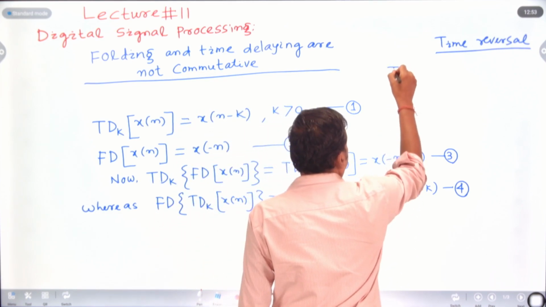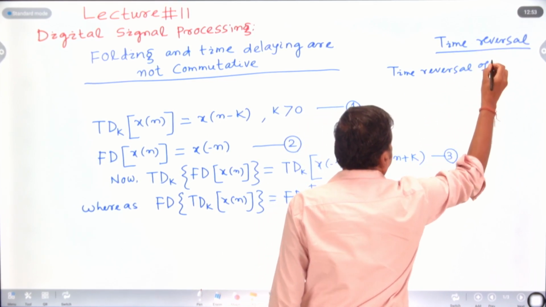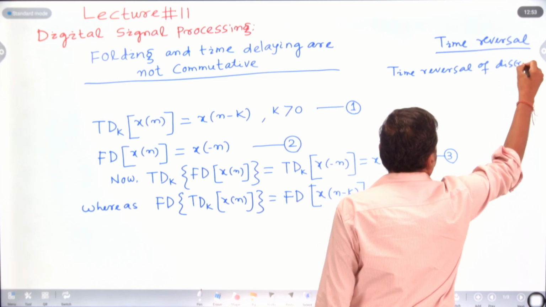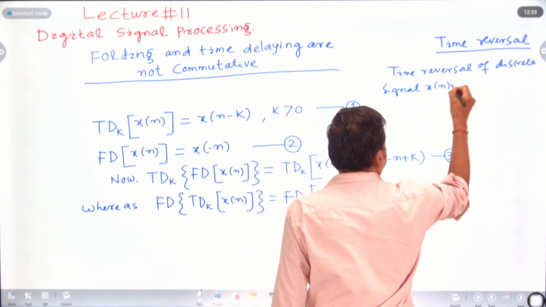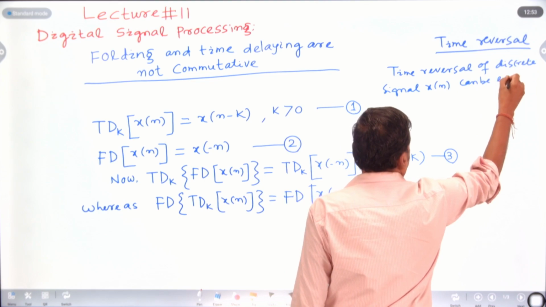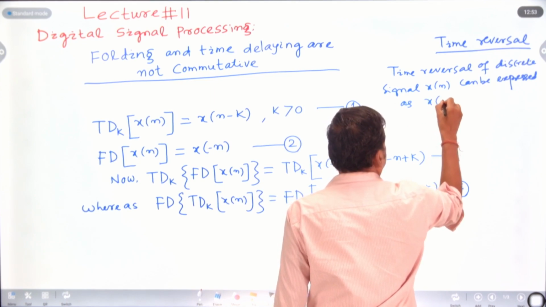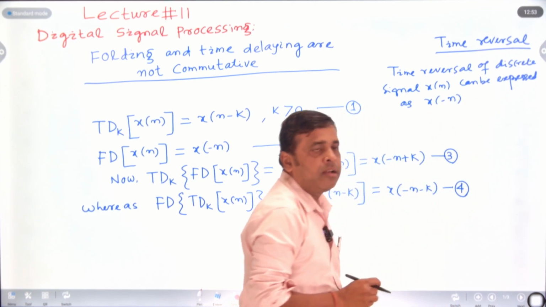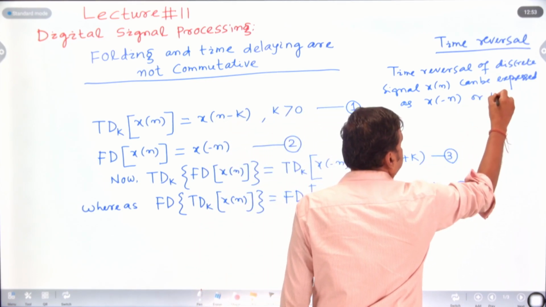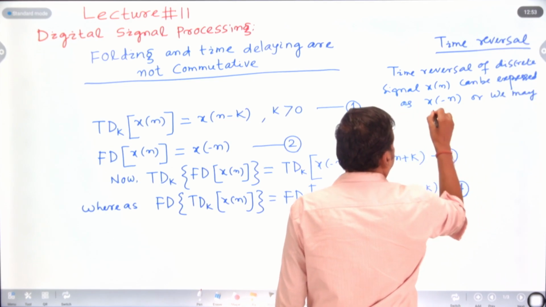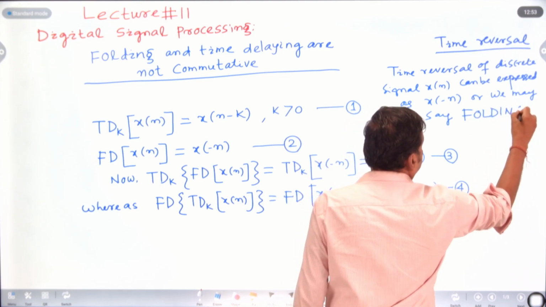So time reversal of a discrete signal x of n can be expressed as x of minus n. We can say it is a time reversal, or we may say folding, folding of the signal.